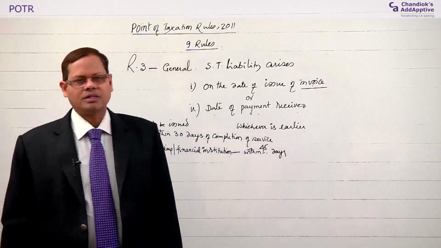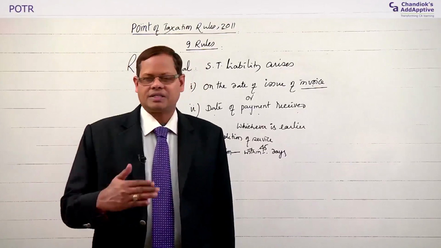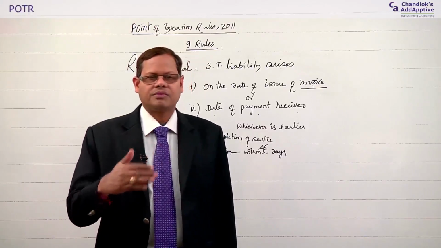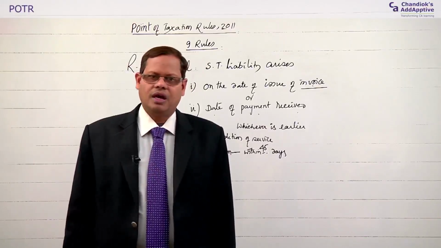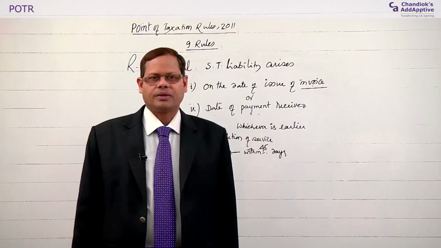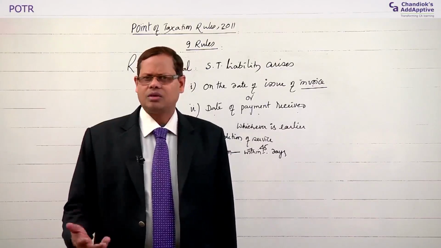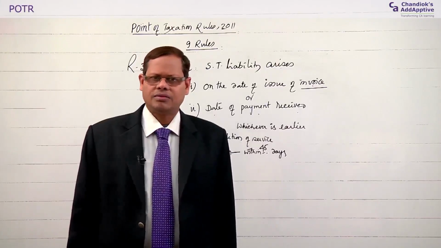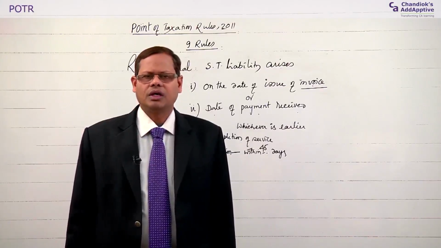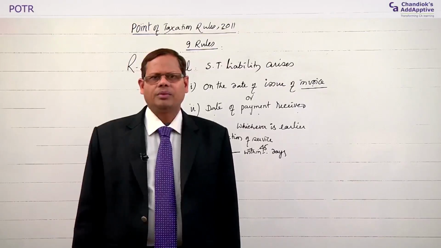What is that grace period? 30 days, but there is a time limit: within 30 days of completion of service you have to issue the invoice. In the case of banking and financial institutions, it is 45 days, because they have very heavy work and have been given relaxation.